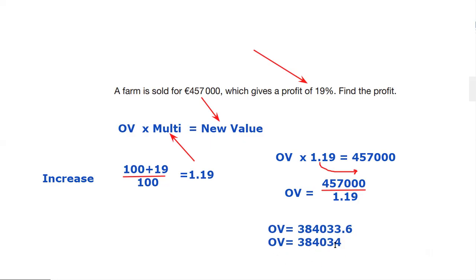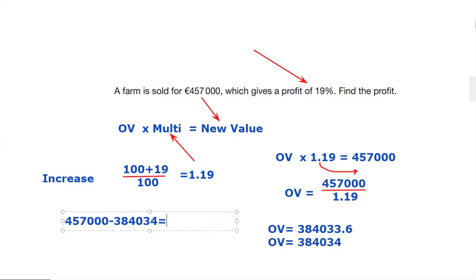Now, I found the original value. After finding the original value, I need to find the profit itself. The profit itself, how much money the person who sold the farm gained. So this means finding the actual change between the new value and the original value, which is 384,034.